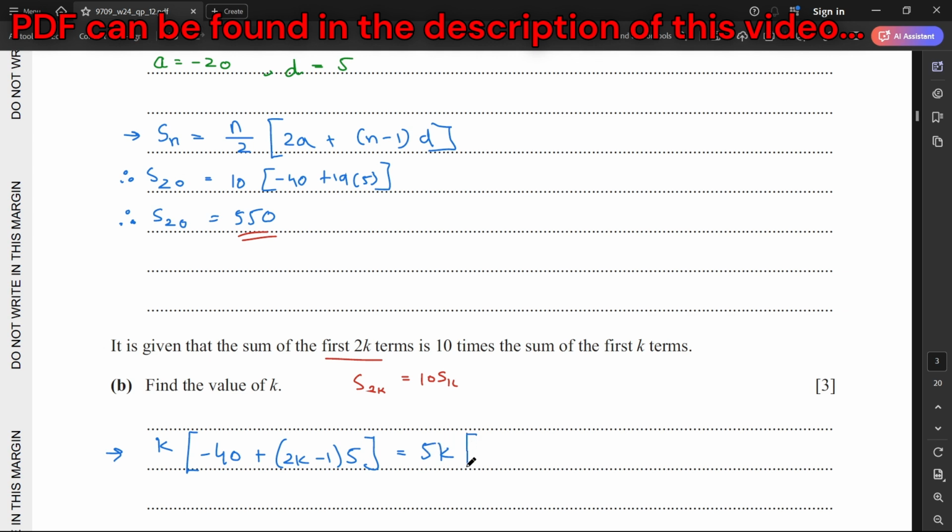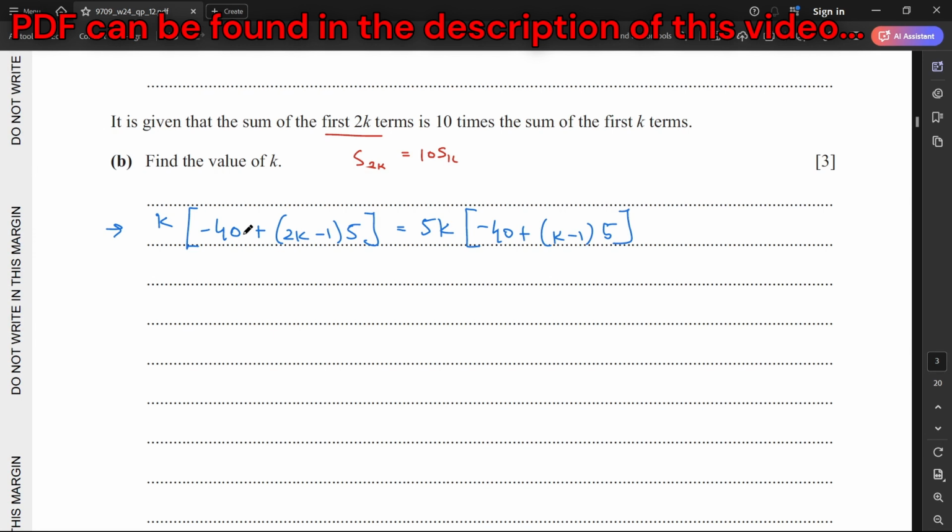and 2a is again negative 40 plus k minus 1 into d, which is 5. And this is what we got to solve now to find the value of k. So this k and this k get cancelled out, and I can now open the brackets. Minus 40 plus 10k minus 5. So my left hand side is done.